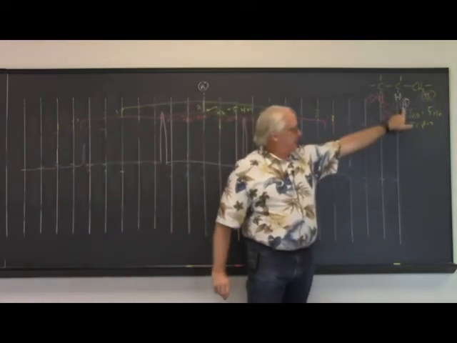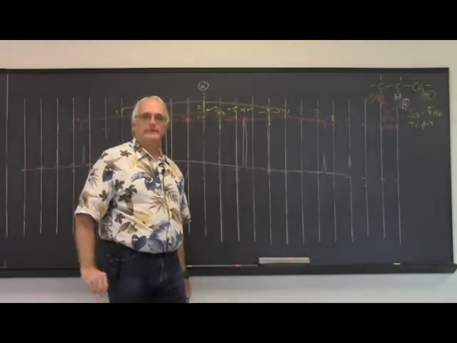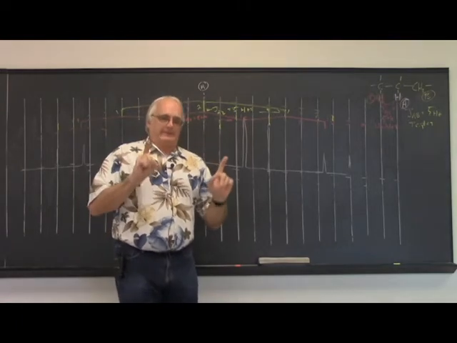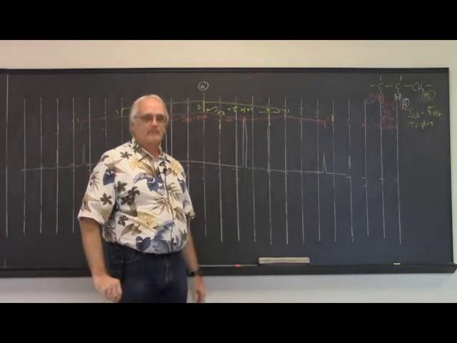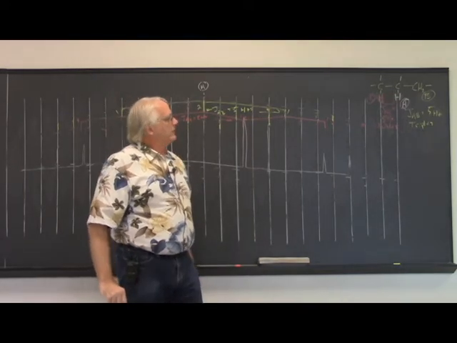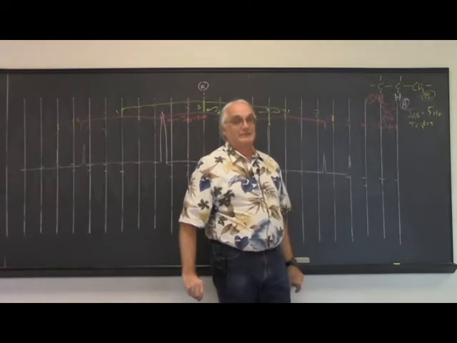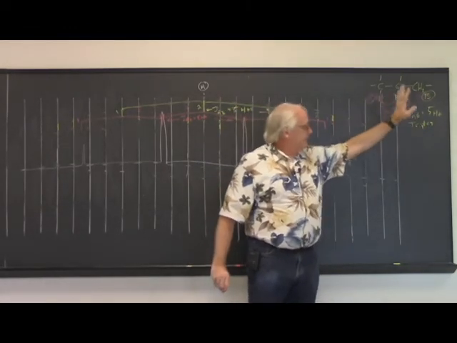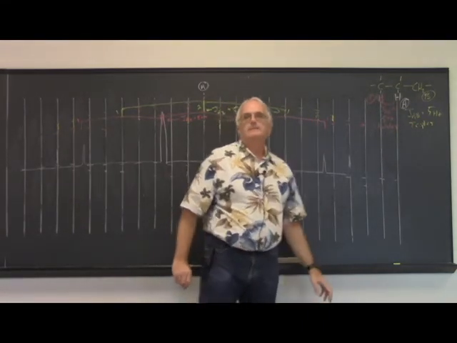If you're a proton and you have 3 neighboring protons, but here's the kicker, all with the same coupling constant, you're going to form a quartet. Whether the 3 neighboring protons are all on the same carbon, and this would have been a methyl group, or on different carbons like they are in my example here, doesn't matter.